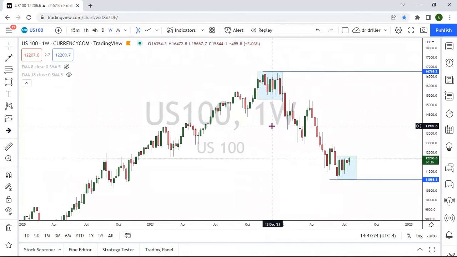So going back to the areas that are marked out, right?